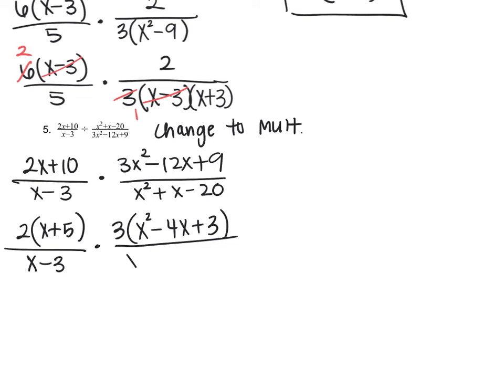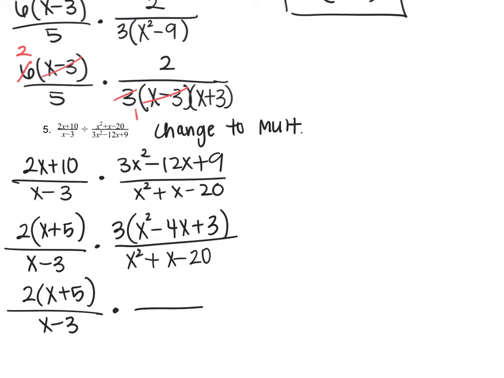And I'm going to save factoring the x squared plus x minus 20 for the next step when I also factor the numerator quadratic. So I'm going to leave my first fraction alone, 2 parentheses x plus 5 over x minus 3, times, and I have my GCF of 3. So now when I'm factoring my numerator, I'm looking for the numbers that multiply to 3, but add to negative 4.